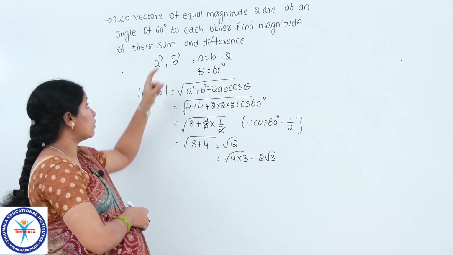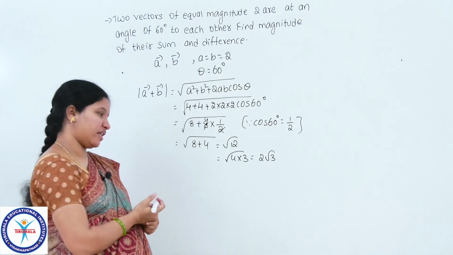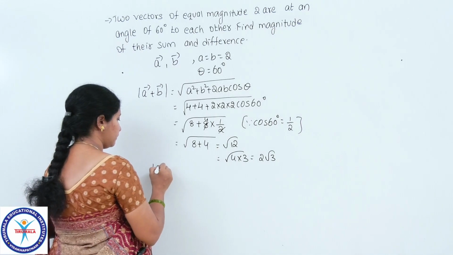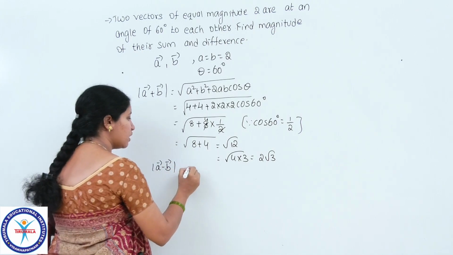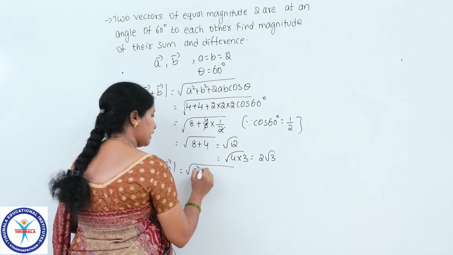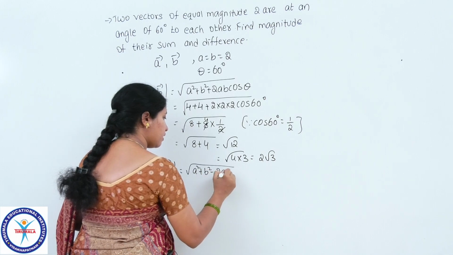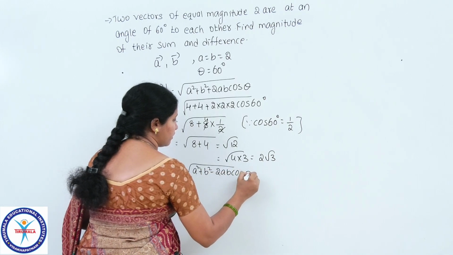Now let us find out the magnitude of their difference. A bar minus B bar equals square root of A square plus B square minus 2AB cos theta.